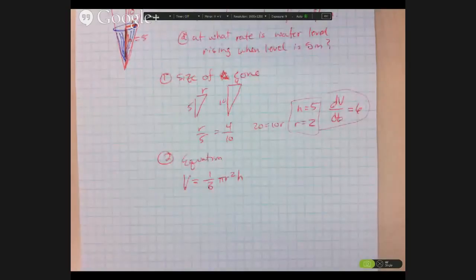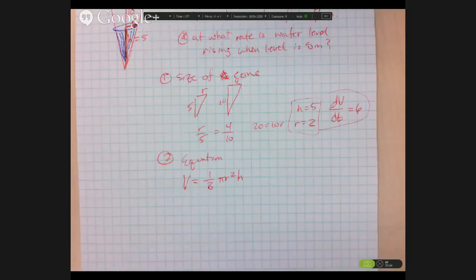So, do we automatically plug in and go forward? Or that's not? Filling our rate is 6 cubic meters per minute. Yes, it does.